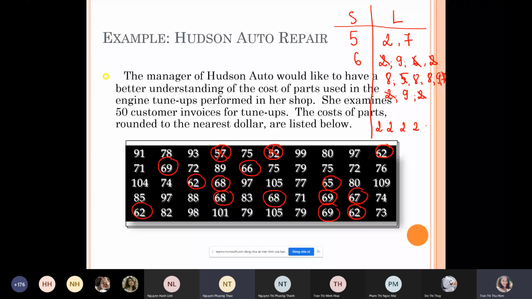And 1, 2, 8, 9, and the 3-digit number, 999. See? So this is the way I use the stem and leaf display, the stem and leaf plot, to present the data.